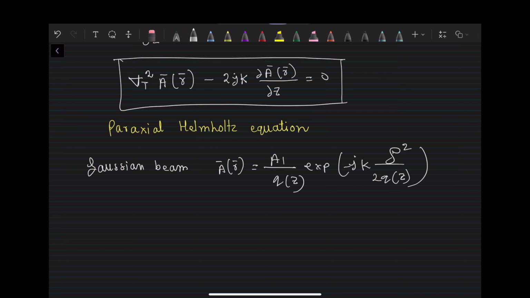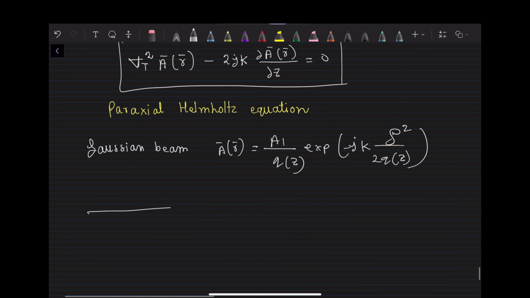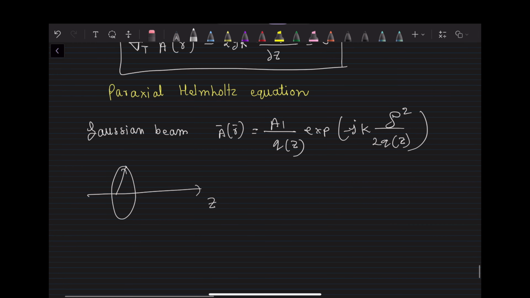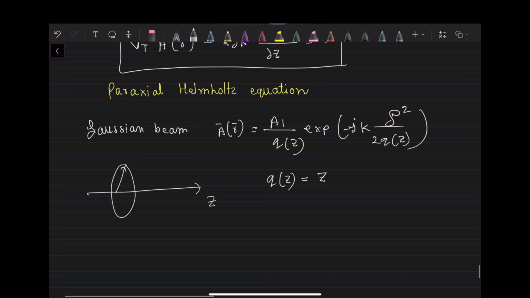So what are all these? Suppose this is the z direction, so rho is nothing but the cylindrical coordinates radius. Okay, now what we have here, q(z), there are two terms. One term will talk about the phase and one for amplitude.